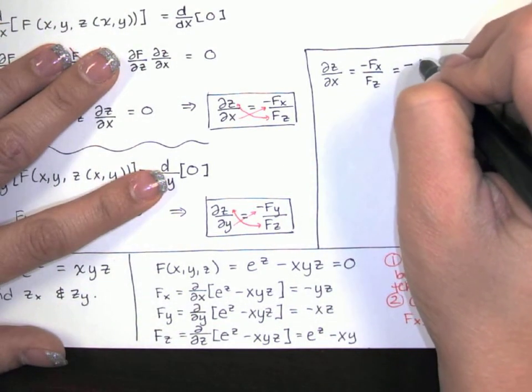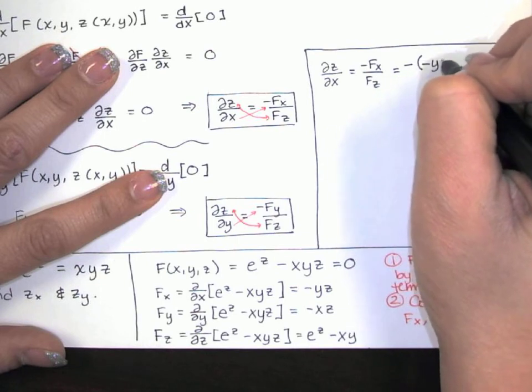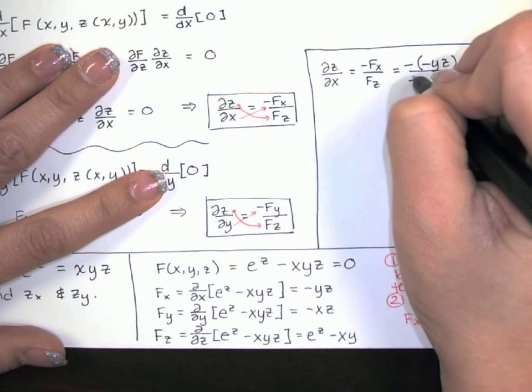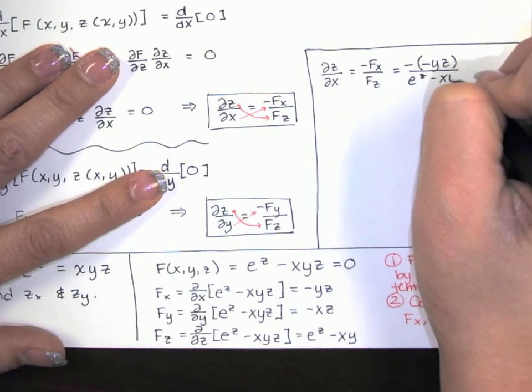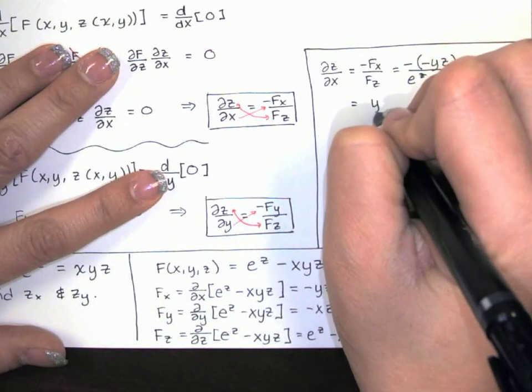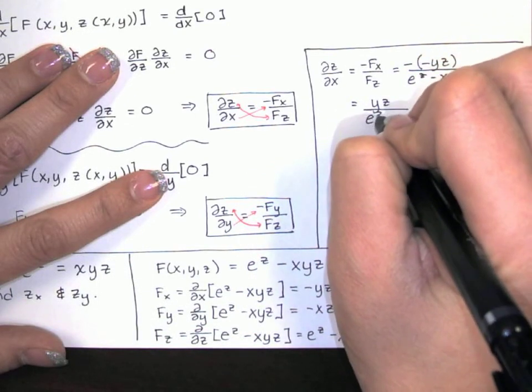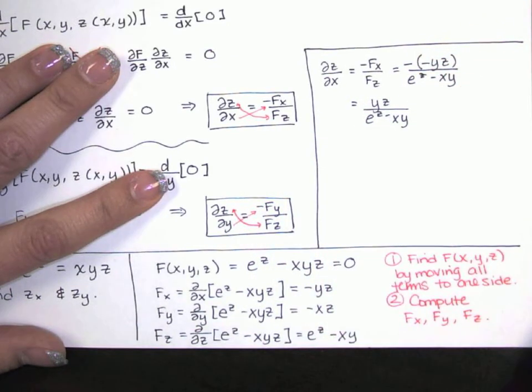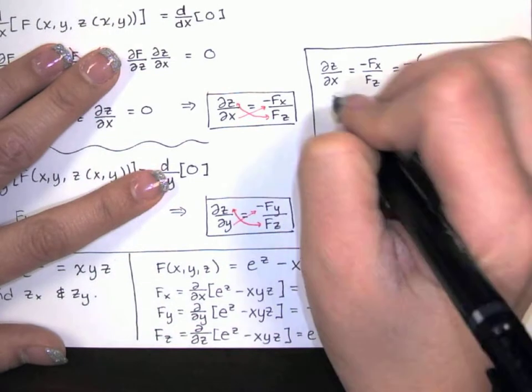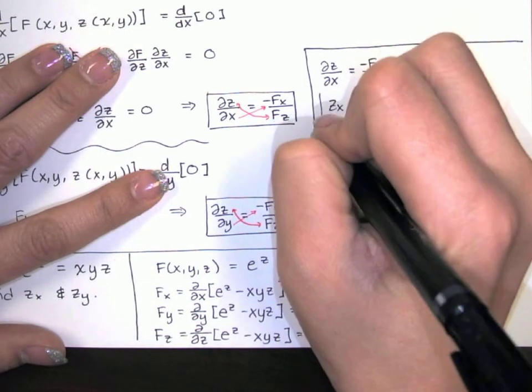So this is a negative 1 times negative yz, all divided by e to the z minus xy. So that is our partial of z with respect to x.